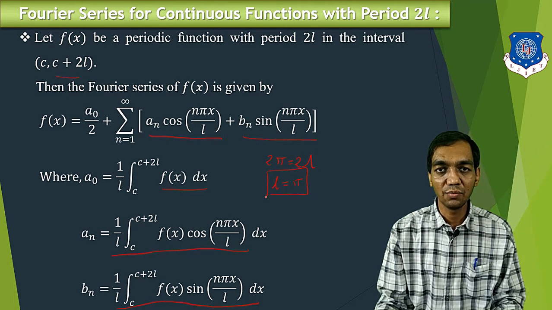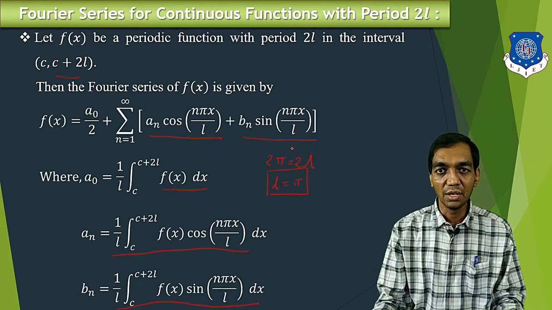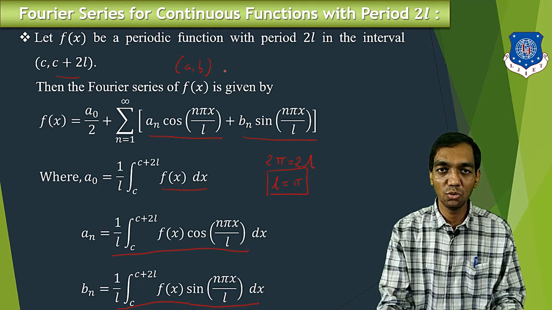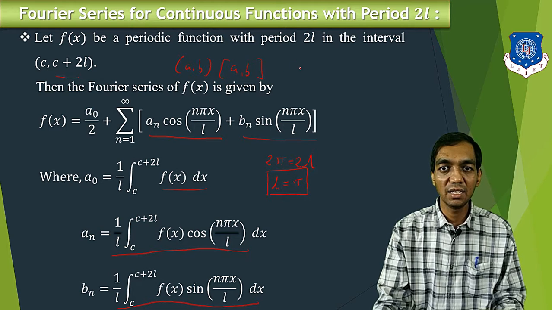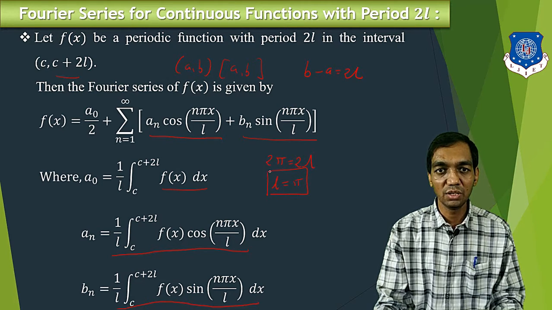The first thing you have to do is find the value of L. To find it, suppose you are given any open interval a to b or closed interval a to b, then b minus a is equal to 2L. That means second minus first will be 2L.